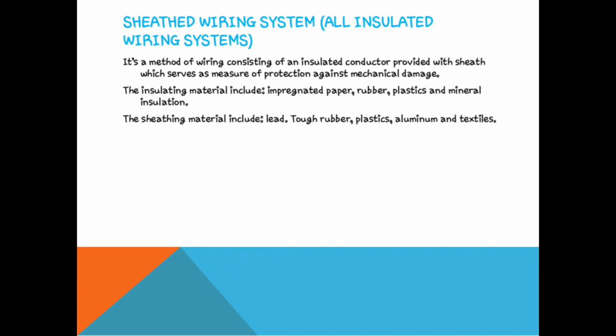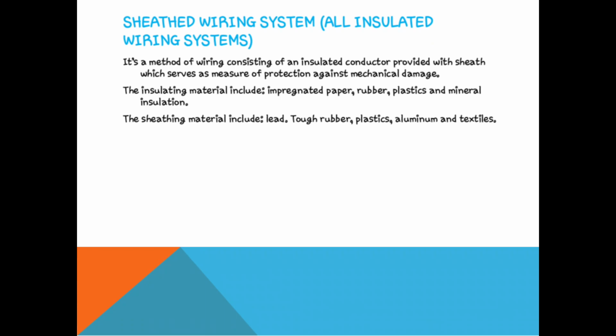It is a method of wiring consisting of insulated conductors provided with a sheet. The sheet is the outer covering of the conductors, which serves as a measure of protection against mechanical damage. In case of any mechanical damage, the sheet provides that protection.